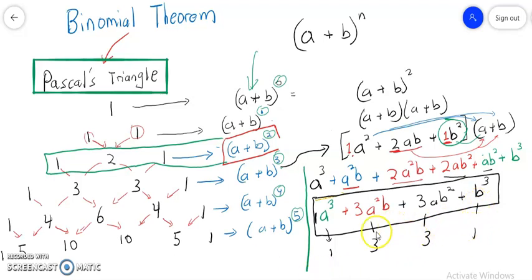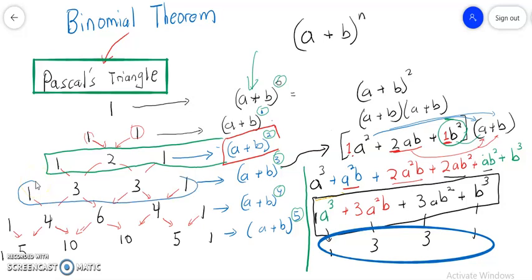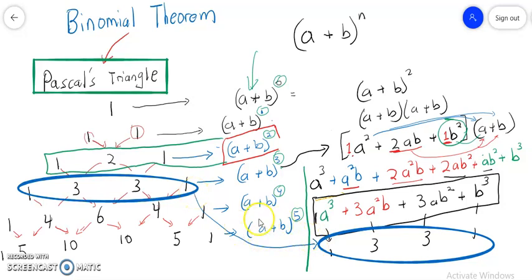So this is 1, 3, 3, 1. Can you compare with this 1, 3, 3, 1? This is the relationship between Pascal's triangle and this binomial theorem.